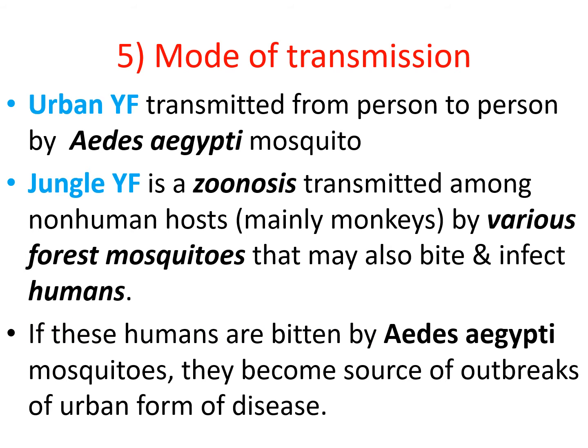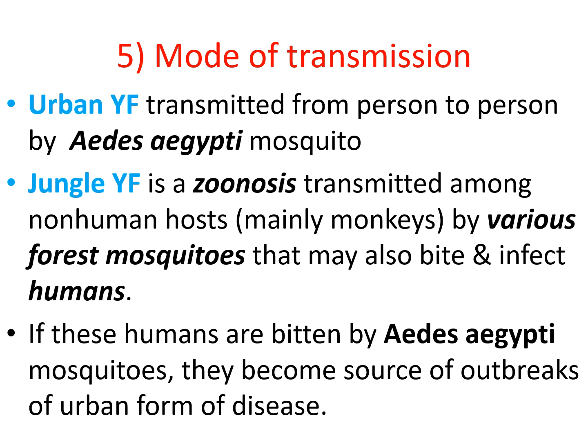Mode of transmission: urban yellow fever is transmitted from person to person by the Aedes aegypti mosquito. Jungle yellow fever is a zoonosis among animals, transmitted among non-human hosts, mainly monkeys, by various forest mosquitoes that may also bite and infect humans. Occasionally they may bite humans.